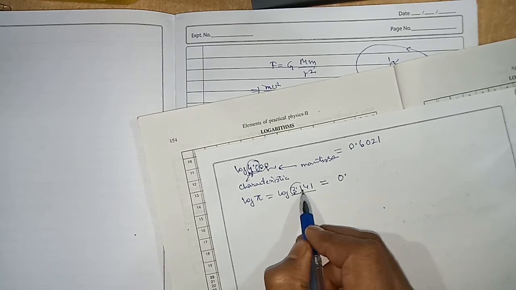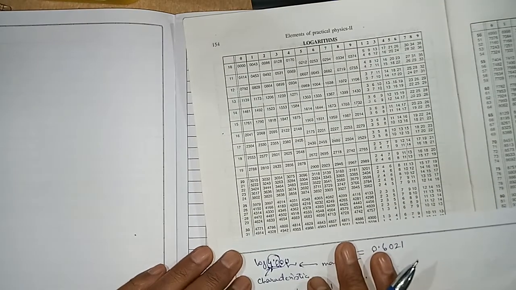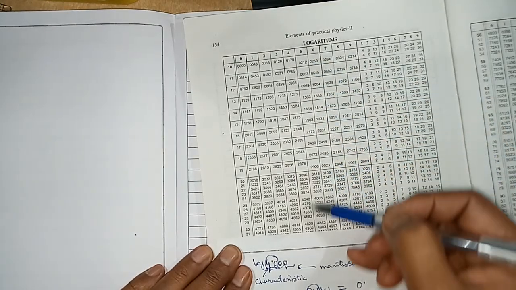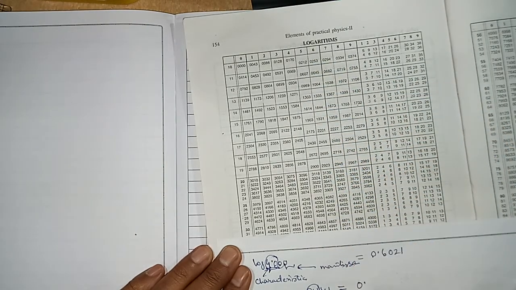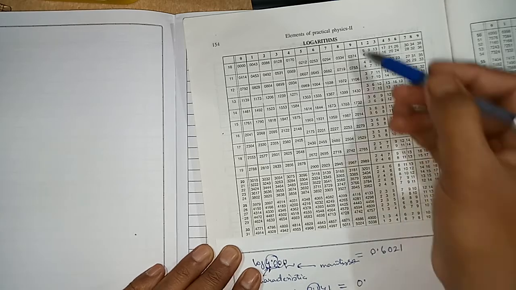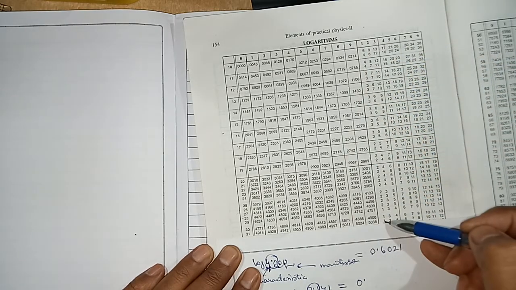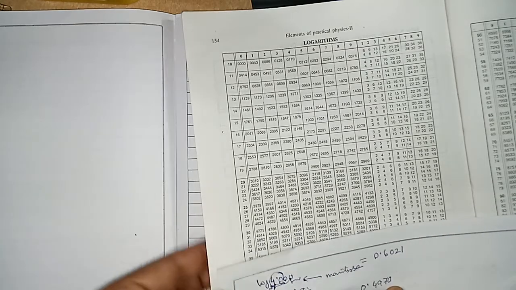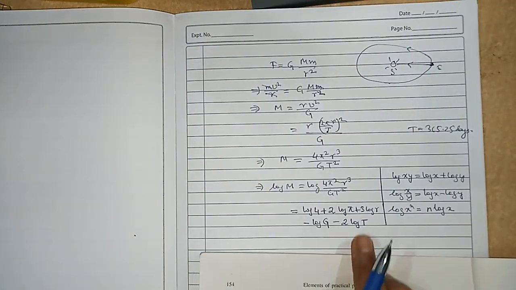The first 2 digits in the table are here, 31. Then 4 in the fourth column, 4969. And this 1 in the mean difference, in the same row we have to see for 1. It's 1. This 1 gets added to this, which gives us 4970. Then we have to see the log 4.